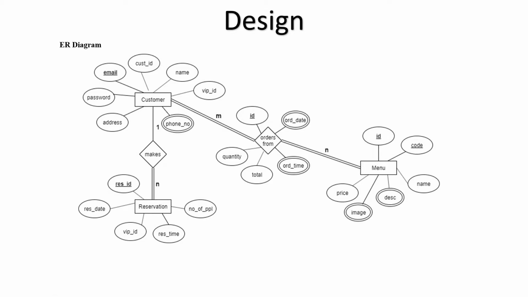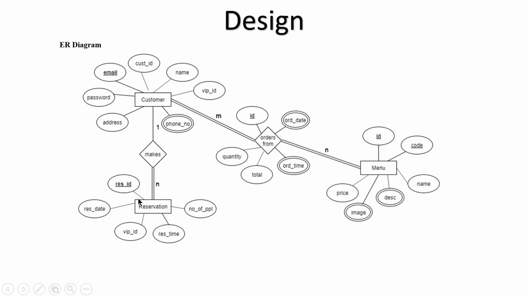We use four tables in our database. Customer, reservation, and menu are the entities, which are related by makes and orders. The customer has email, which is a primary key, password, address, customer ID, name, VIP ID, and phone number. Phone number is a weak attribute.